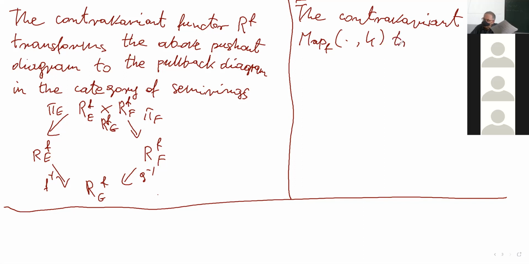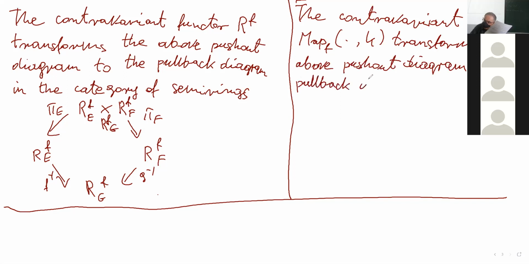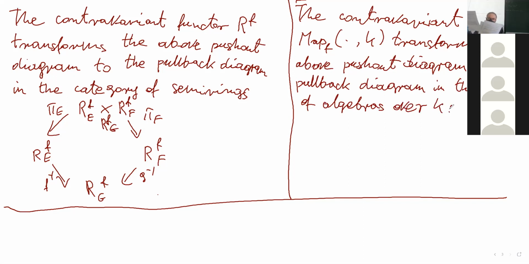It transforms the above push-out diagram to the pullback diagram in the category of algebras over K. All right, and now we write a very similar pullback diagram.